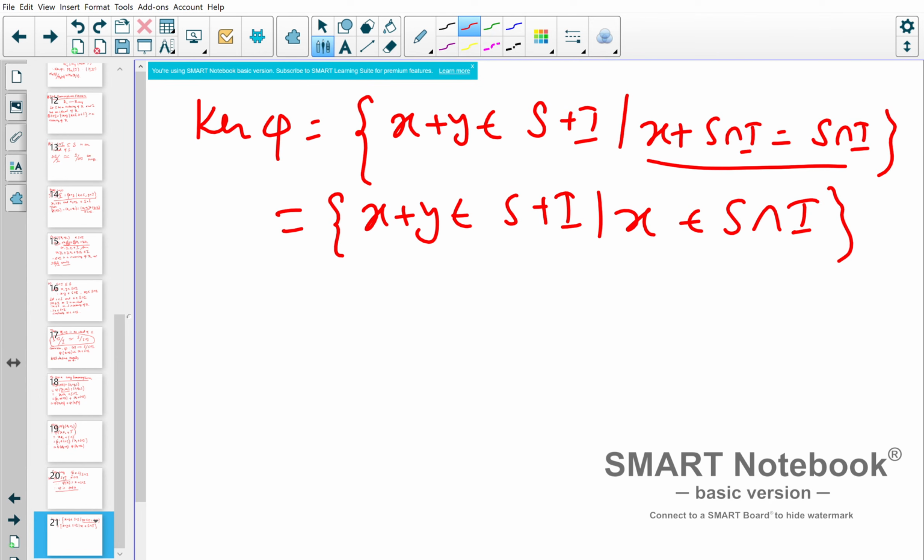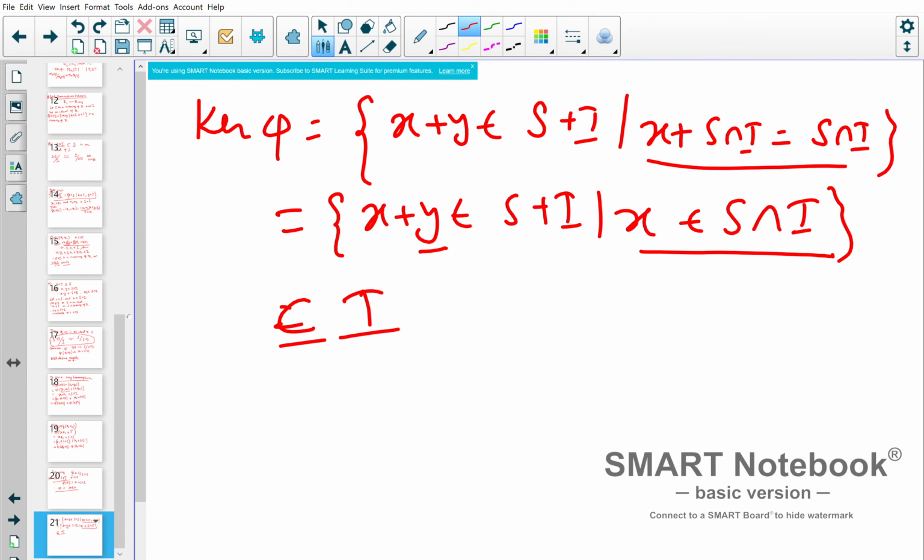Clear? So you already know what that means: x is an element of I, but y is also an element of I. So x plus y is an element of I, right? So you are choosing all the elements of I. Your x is an element of I, y is an element of I, so the addition is also an element of I. Okay. So you can say that this is a subset of I, but the converse is always true, right?